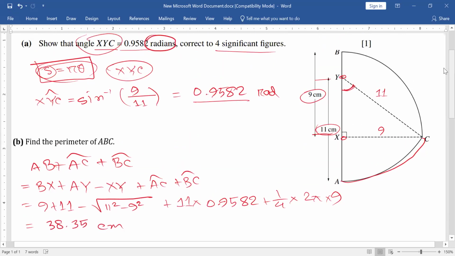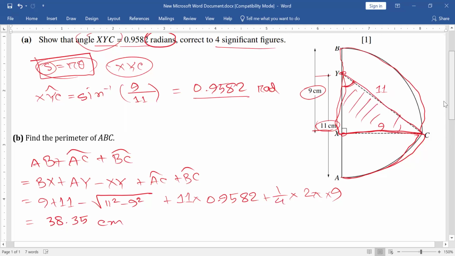Look, we can separate this as area XBC, which is the sector for arc BC, and then we can add sector YAC, which is the sector of arc AC, and then we can subtract triangle XYC. This is our idea.